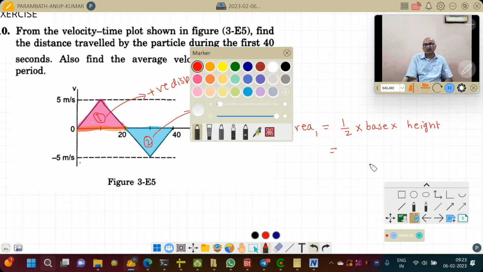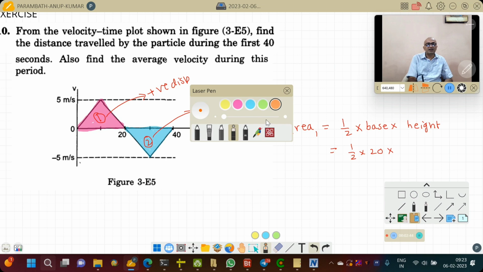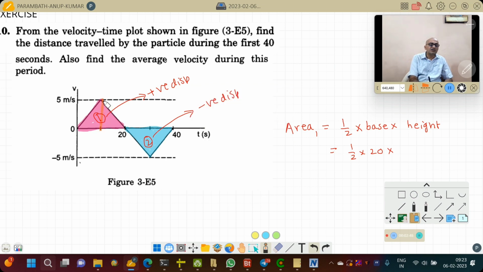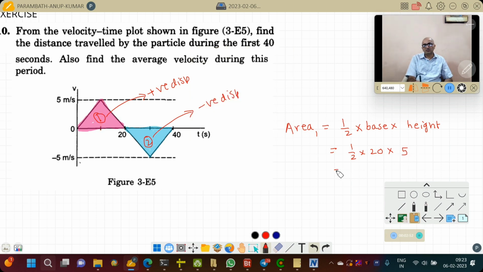So I can write half into 20 into height. Height, you can very well see, is this much, and that is 5 meters per second. Therefore, I put it as 5. In this way, I have 50 meters as the area. Area 2, symmetrical, is also 50 meters.